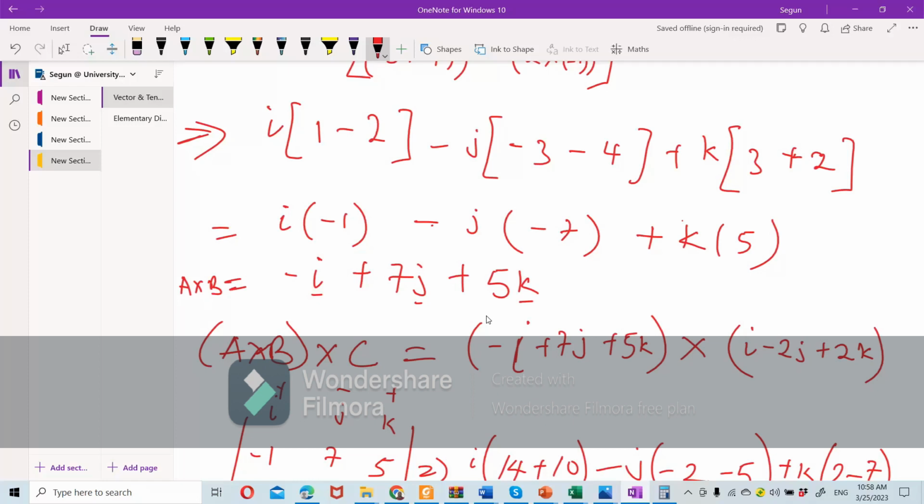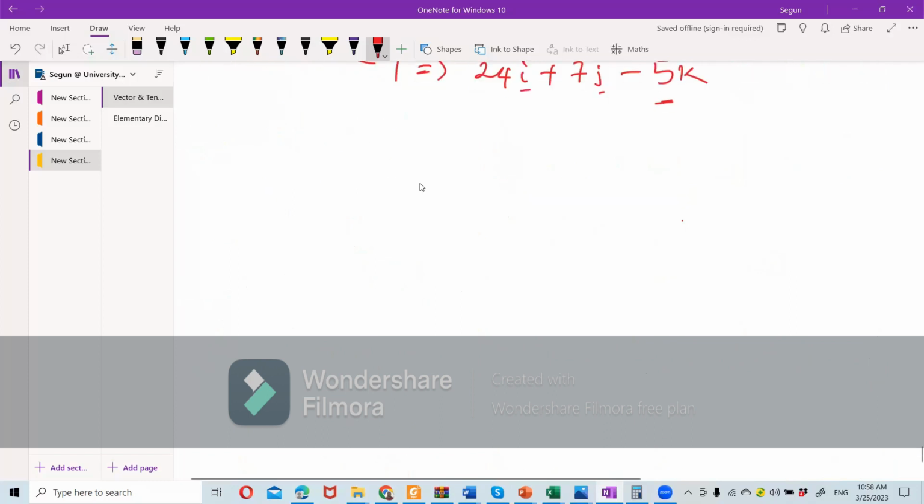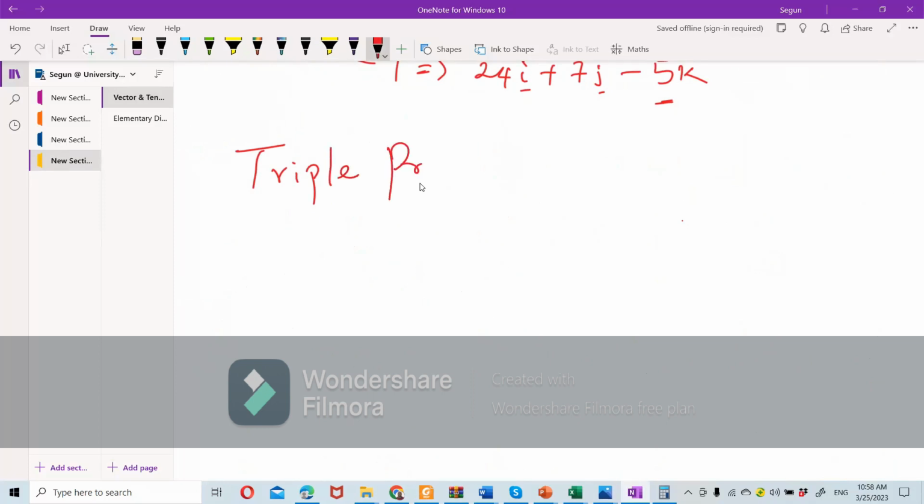So we have the triple products. What does triple mean?